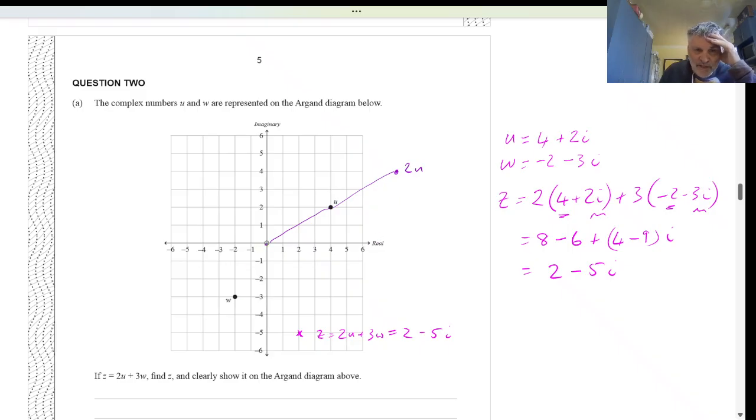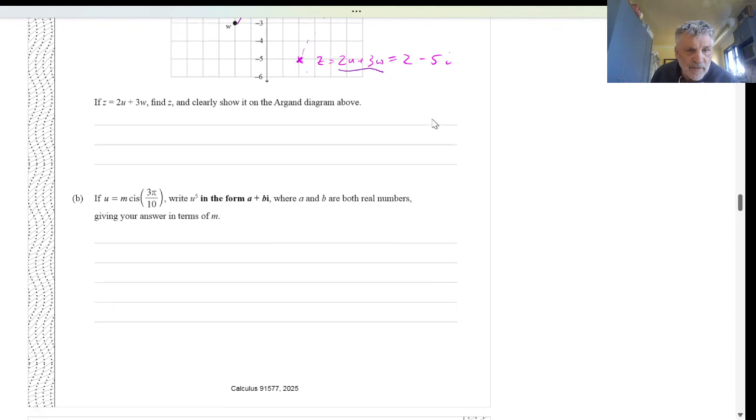And then if this is W, then going back 2, down 3, back 2, down 3, back 2, down 3, 3 times will give us the 2U plus 3W. So you could have done this graphically, and for you to do that, it would be better if the graph was extended so that you could fit all the working on the graph. In any case, you get the same answer both ways.